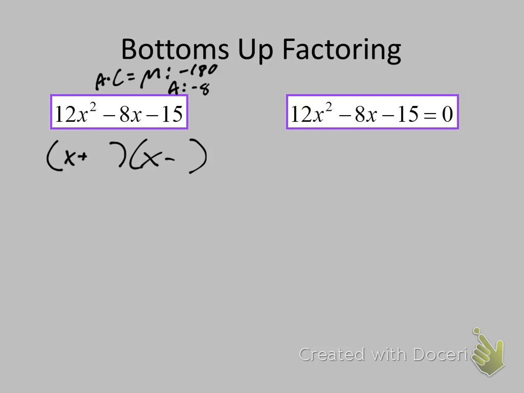Positive 10, negative 18. Okay. Now, that used to be a completed problem and used to be done. Now you're not, because this obviously does not FOIL back to 12x squared minus 8x minus 15, right?